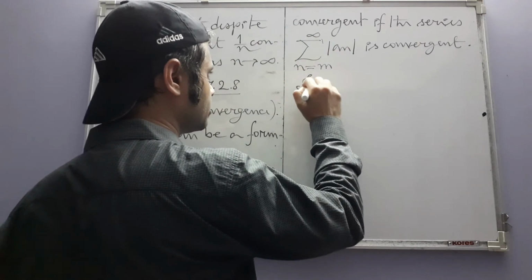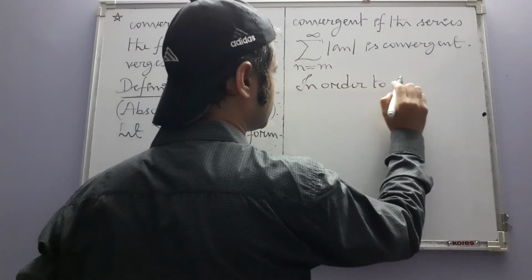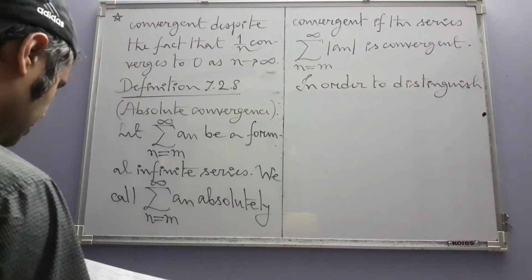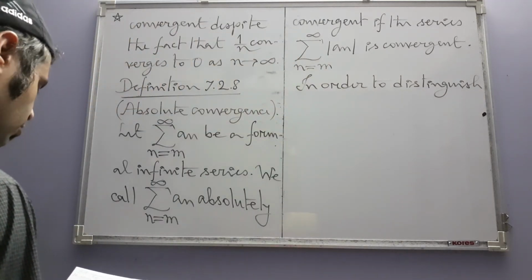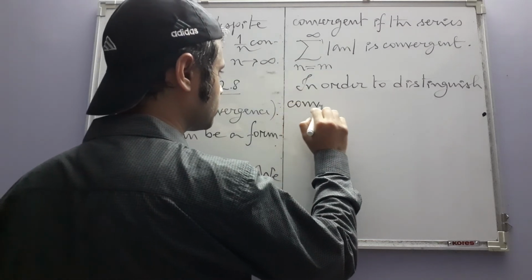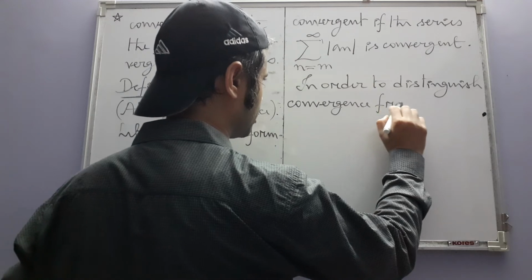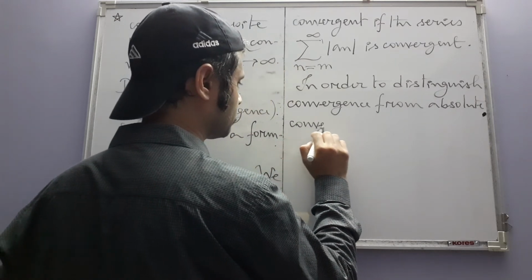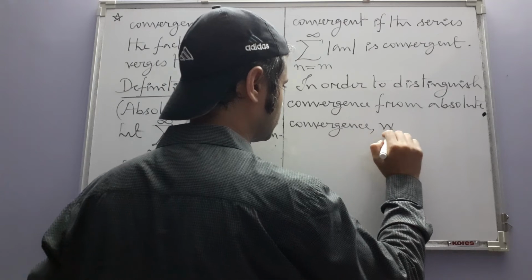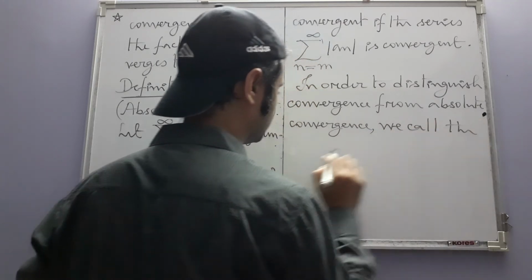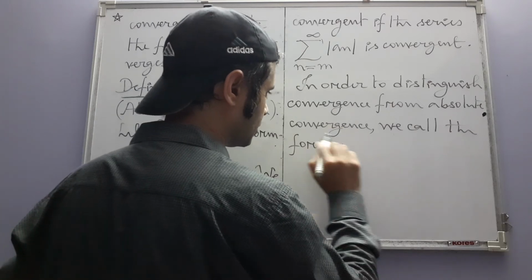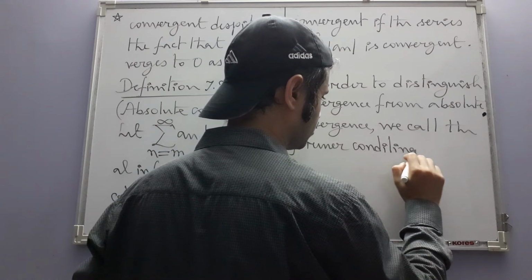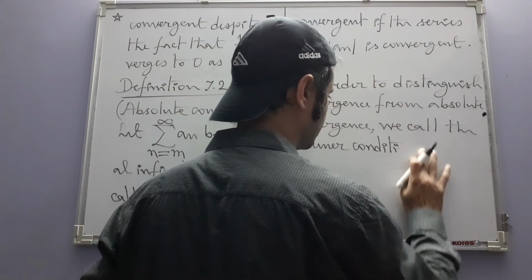In order to distinguish between ordinary convergence from its absolute version, we call the former, that is ordinary convergence, also conditional convergence.